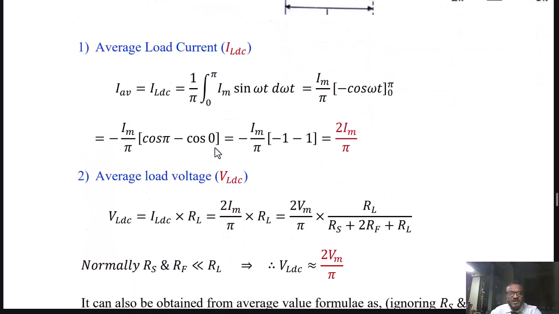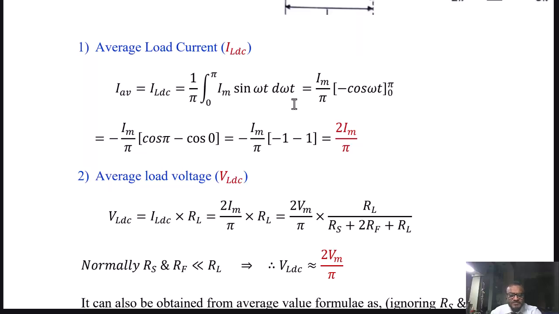Now let us estimate the average load current ILDC. The average load current ILDC is given by the average value formula, that is ILDC is equal to 1 by pi integral 0 to pi Im sin of omega t d omega t. Im is constant, so taken out from the integral sign. Sin of omega t integral is minus cos of omega t, and the limits are from 0 to pi.